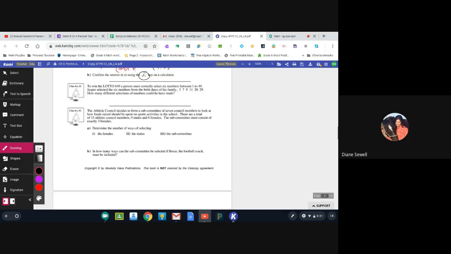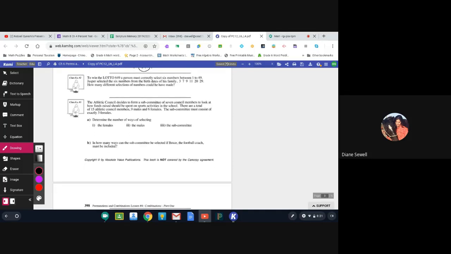Okay, class example 2. To win the Lotto 649, a person must correctly select 6 numbers between 1 and 49. Okay, selection is not the same as arrangement. Doesn't matter which way you pick the numbers. Jasper selected the 6 numbers from the birth dates of his family. How many different selections of numbers could he have made? Okay, so this is misleading. We don't have to worry about those numbers at all.